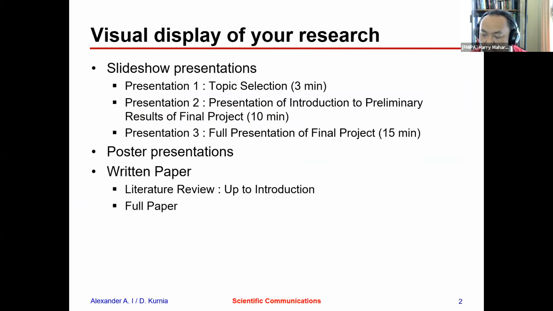In the first lecture I've already mentioned that we're going to have 6 types of evaluation, which are practically methods or ways that we can show our effort or our research results visually.